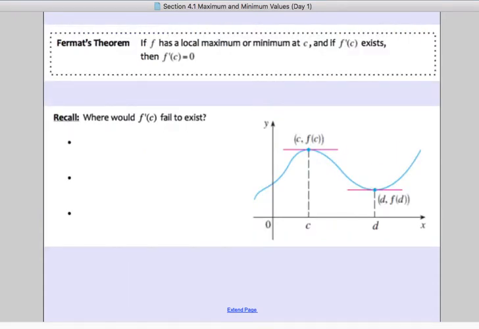So for Fermat's theorem, we're going to get into this a little bit more. But if f has a local max or minimum, and if the derivative at c exists, then the derivative of function f at c is equal to 0. We've graphed derivatives before, so basically we have to take this into account. Do you guys see how the slope here is equal to 0?